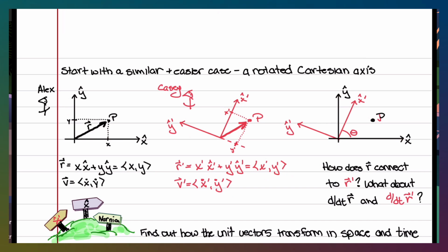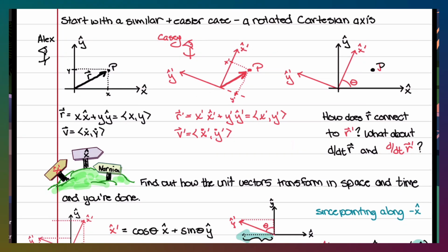But of course, it'd be nice, if they want to compare notes, if they knew how to translate one coordinate system to the other. How can Alex turn his numbers into something that's on Casey's axes and vice versa? So how does the position in Alex connect to the position in Casey, and similarly for the derivatives?